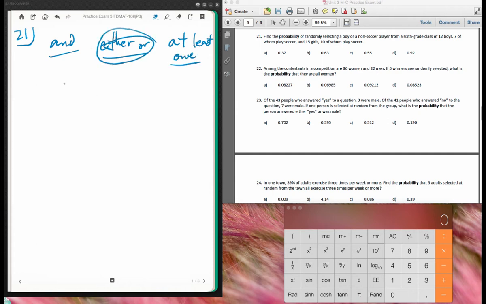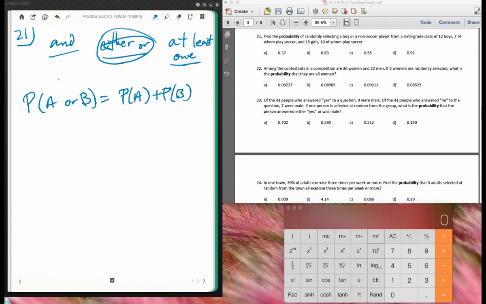So then you have to say, is there overlapping or no overlapping? Well, let's see. We have a boy and non-soccer players. And since non-soccer players can be boys, we have overlapping. So in that case, we're looking for the probability of A or B, which happens to be the probability of A plus the probability of B.